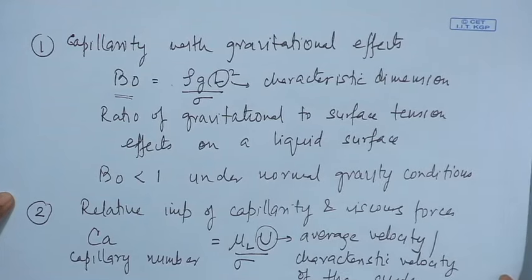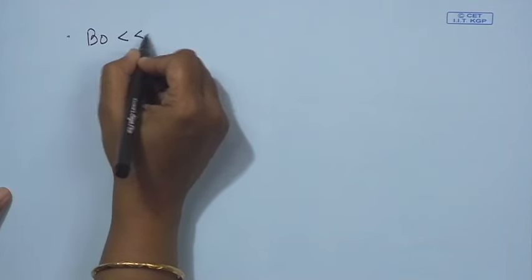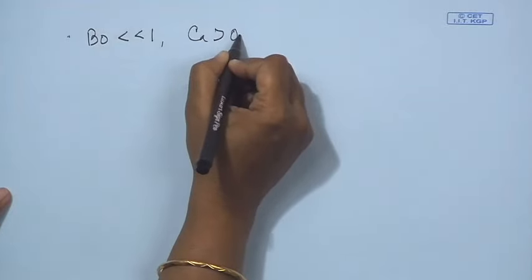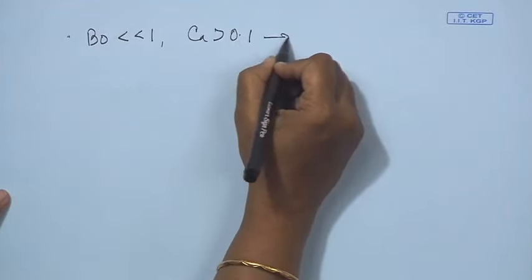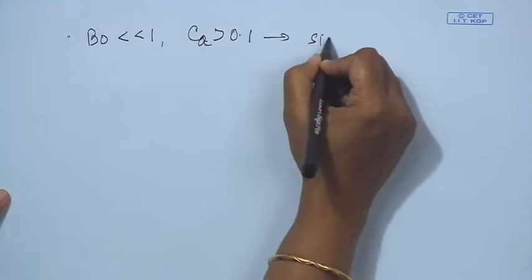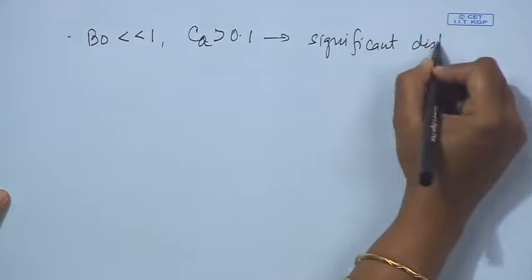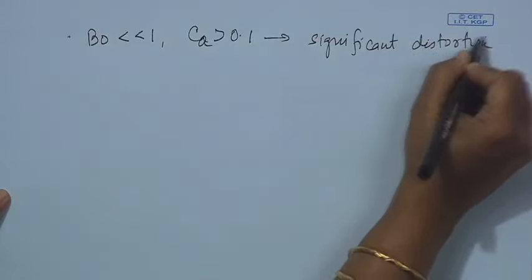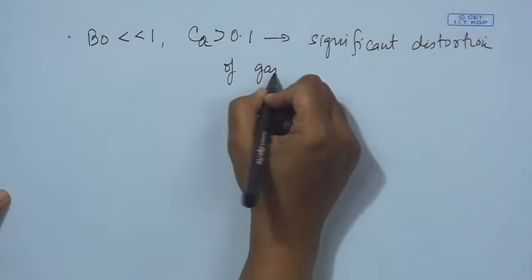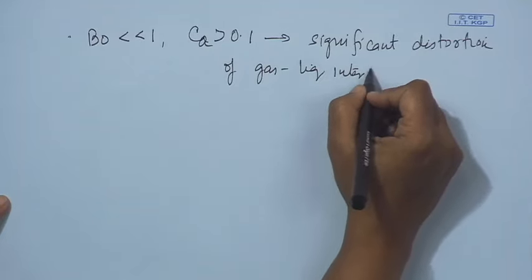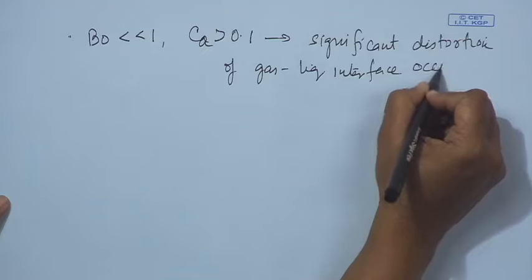So, we find that when we have a small Bond number, much less than 1, and the capillary number is greater than 0.1, what happens? Significant distortion of the gas-liquid interface occurs, right?